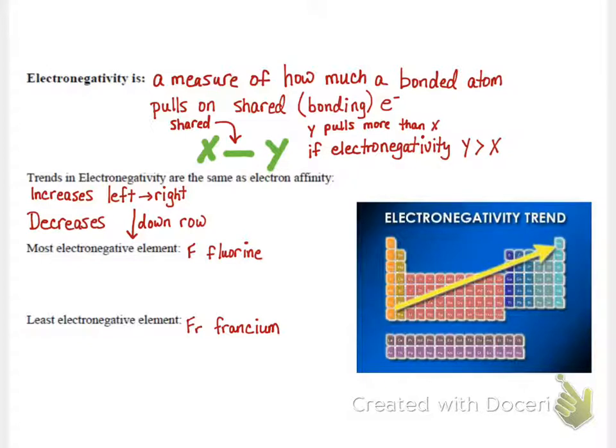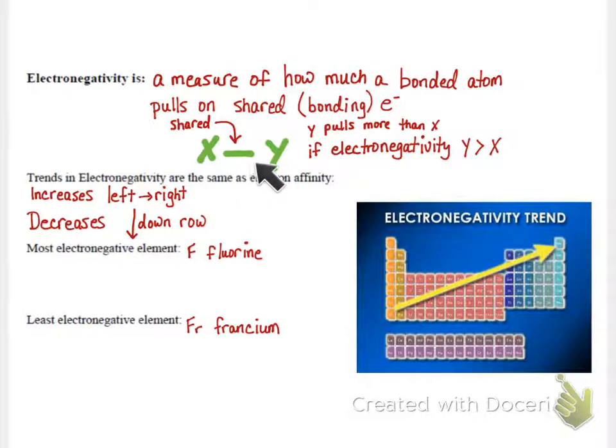Y is pulling on the bond and X is also pulling on the bond. If Y pulls more strongly than X, we say that Y has a greater electronegativity than X. And this imbalance that happens when one is pulling more than the other is really going to be important when we get into bonding. So that's really why we talk about it here.